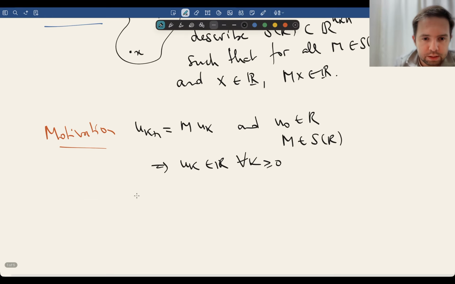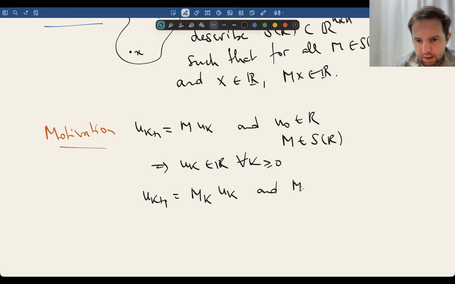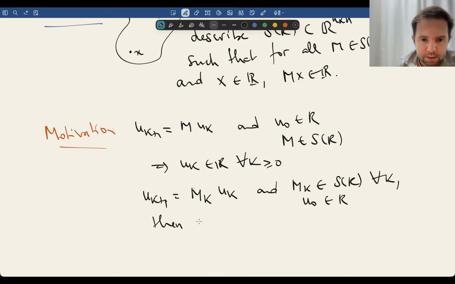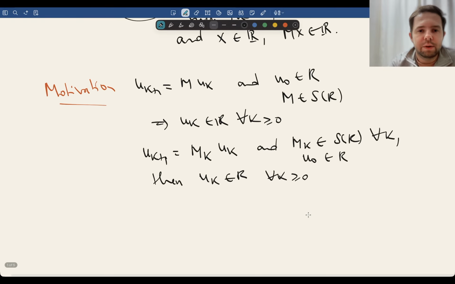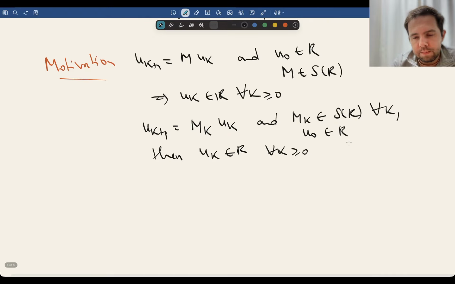And slightly more generally, if we look at recursions u_{k+1} = M_k u_k and M_k is in S(R) for all k, and also u_0 is in R, then u_k is in the region R for all k. So this is the stability property that usually enables us to prove some kind of boundedness or to transfer properties from the first iterate to all the iterates. If something is true at the beginning, then it remains true along the whole sequence.